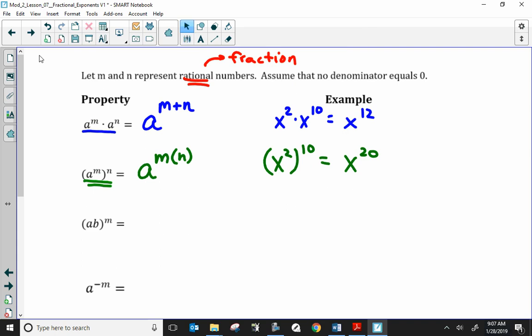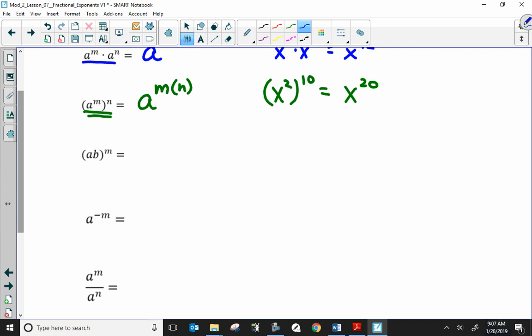Now, this happens a lot. This throws people off, and I'm glad we have an example like this. If I have an expression with more than one, I don't want to say term because there's no plus or minus in there, but there's a coefficient and a variable or two variables, and they both have one exponent that applies to both of them.